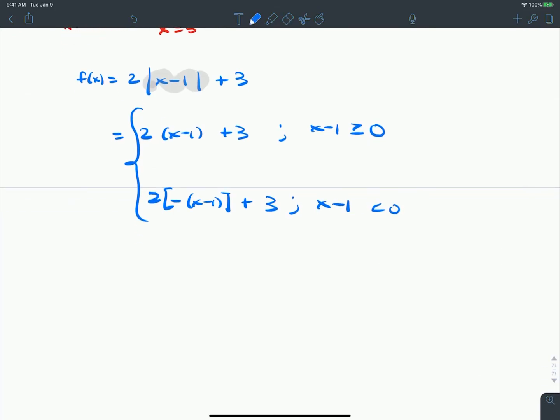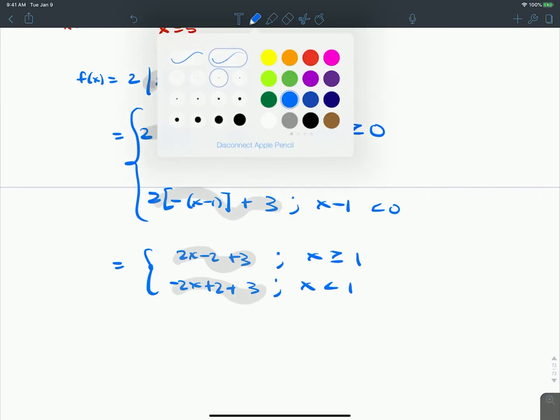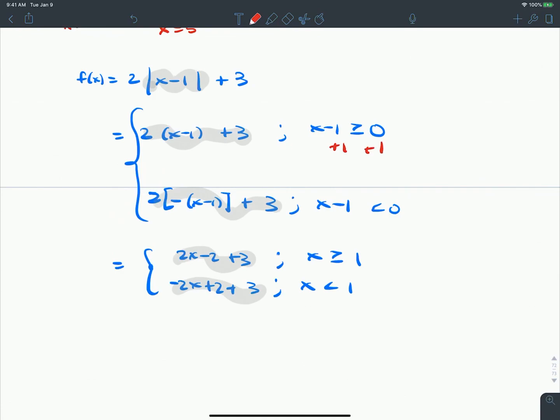So we're going to have to do some cleaning up here. 2x minus 2 plus 3, when x is greater than or equal to 1, and we have negative 2x plus 2 plus 3 when x is less than 1. So I'm just simplifying these expressions here. And to the right here, we add 1, and we get these new limits.